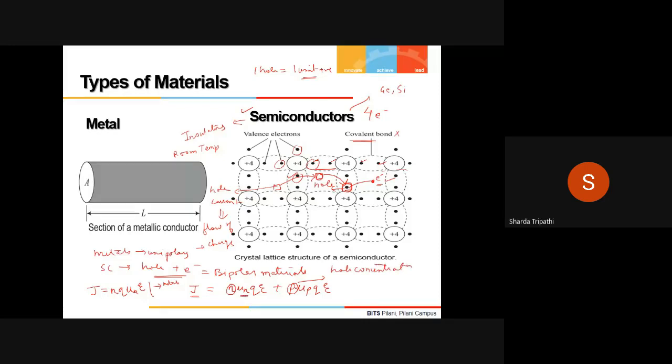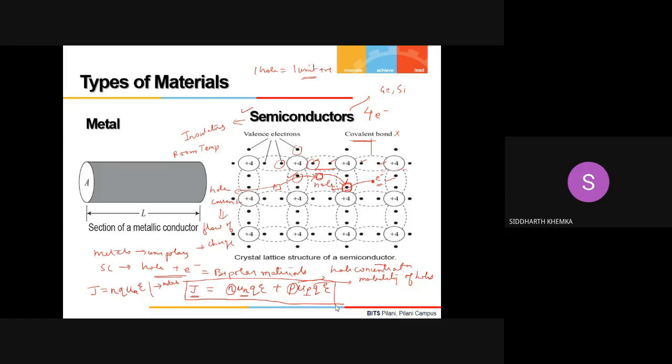Mu n was the mobility of electrons, mu p is the mobility of holes. And Q we know is 1 unit positive charge, and E is the electric field. So in case of semiconductors, the expression for current density gets modified in this manner.